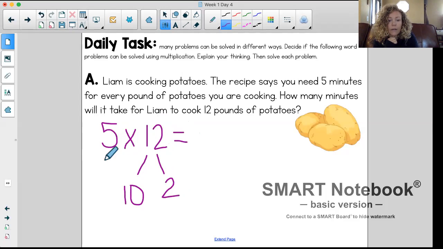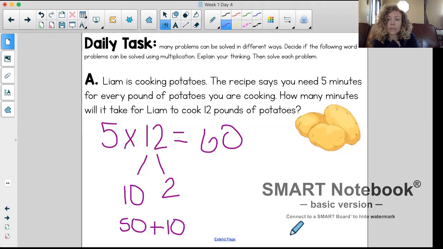Then you will multiply 5 times 10, which is 50, and we will multiply 5 times 2, which is 10, and then we will add those parts together to get our total product. 50 plus 10 is 60. So Liam needs 60 minutes to cook the potatoes, and 60 minutes is equivalent to 1 hour. So if you wrote 60 minutes or 1 hour for your answer, both are correct.